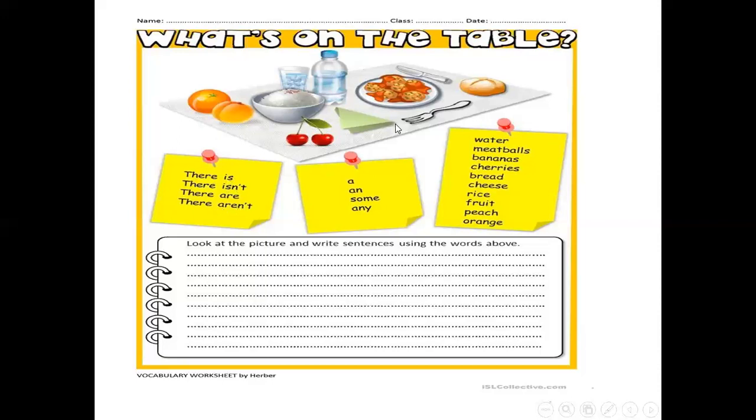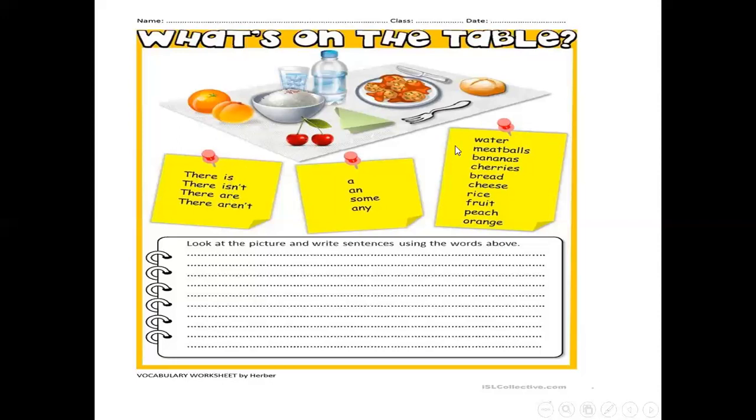Okay, so we come to another example. We have, for example, meat. Okay, meatballs. Do you see meatballs here? If you see meatballs here, you can use there are some meatballs. Okay, we come to bananas. Do you see bananas here?